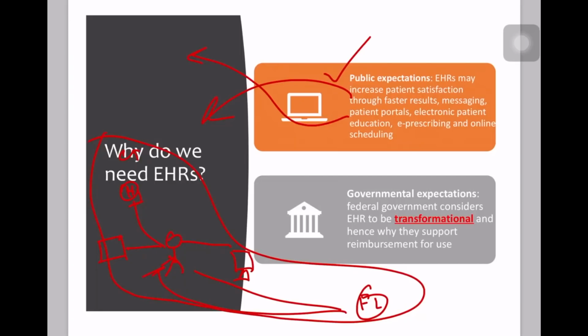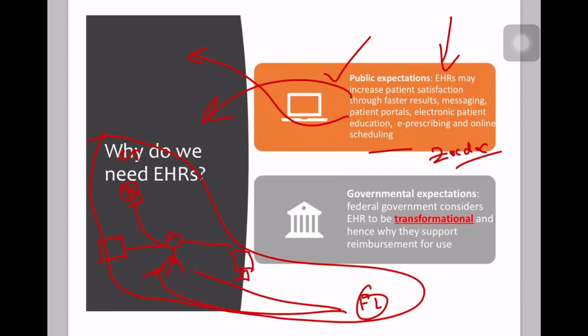E-prescription and online scheduling are very helpful nowadays, especially with services like ZocDoc and others available. With your cell phone you can look for the best doctor in your town. You can check the dates for the appointment. This is very convenient now.